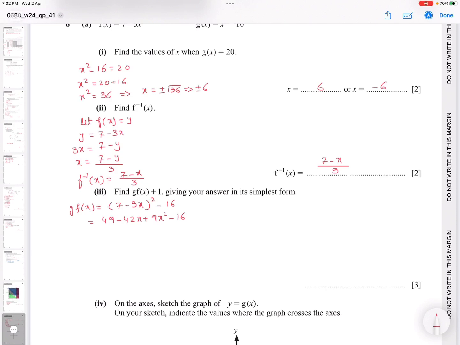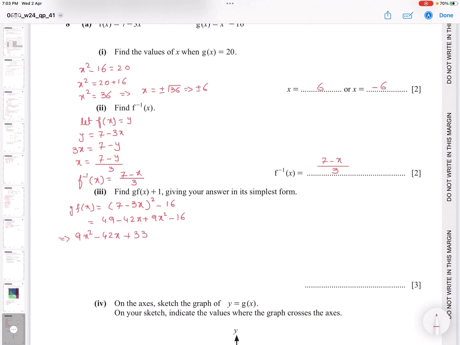So now you can write 9x squared. What is this? 49 minus 16. This is 33. So first write minus 42x plus 33.